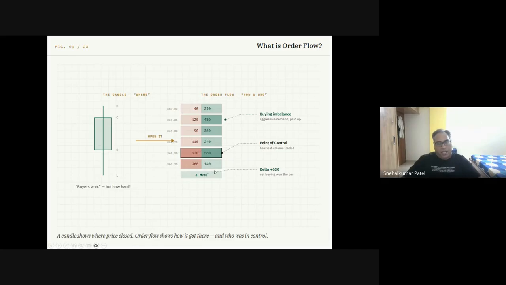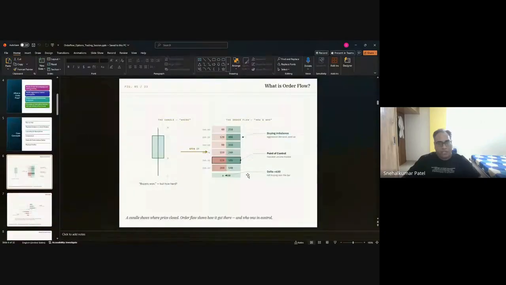And overall, in a particular candle, the difference between the total number of buyers and the total number of sellers is called delta. So I will move again to the chart and we will look at how this data looks in order flow.